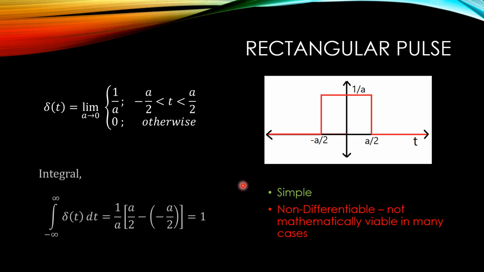So its advantage is, of course, that it is quite easy to deal with and can be represented by this piecewise function, but it does have discontinuities and non-differentiabilities at 2 points. So it is not viable for cases where we need analytical results, or where we are performing analytical or mathematical calculations.